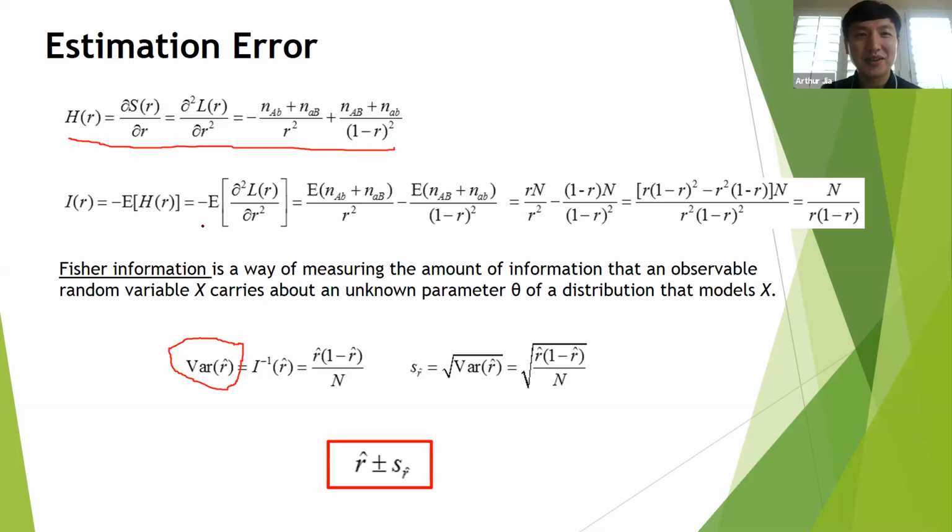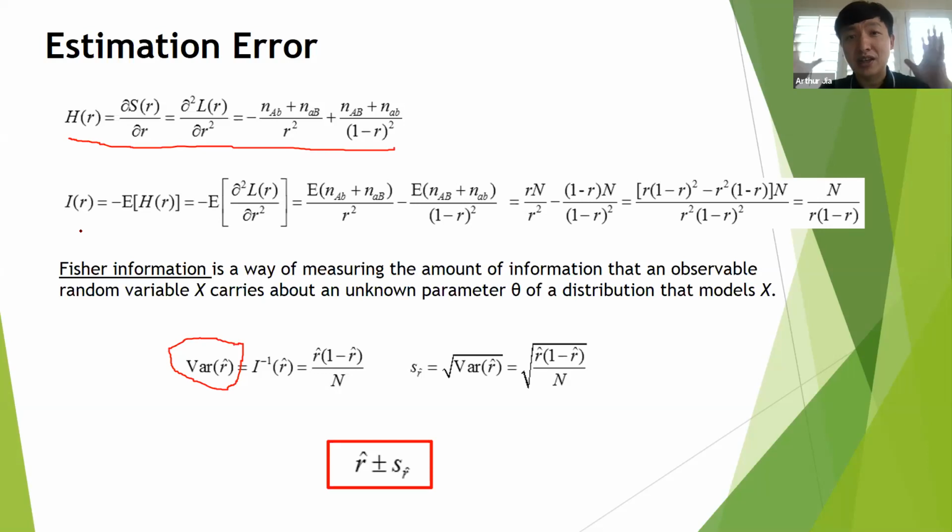Okay. So Fisher is a very famous geneticist and also statistician. He developed very useful theoretical statistical theorems that can help us do a lot of things, especially good for statistical inferences. All right, so if we do the second derivative for this R, take the expectation of this thing and put a negative sign in front, this will give us the information about the R. So what does that mean?